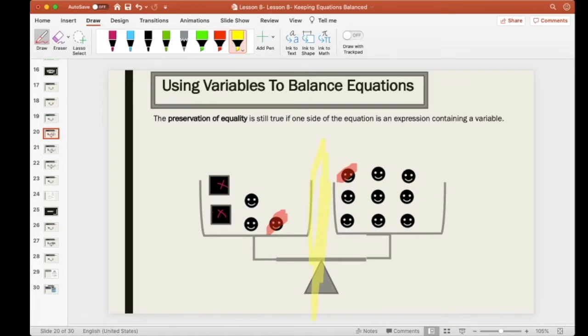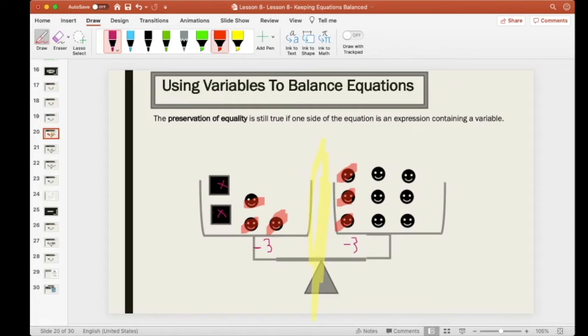I'm going to keep removing these smiley faces until I run out on one of the sides. Alright, I've run out. If we want to quantify this with a number, I removed, because subtraction is removing, 3 from this side, and 3 from this side. Notice how what you do to one side, you do to the other. Now I'm left with 2 x's on one side and 6 on the other.